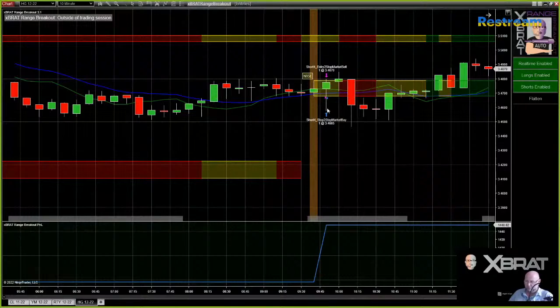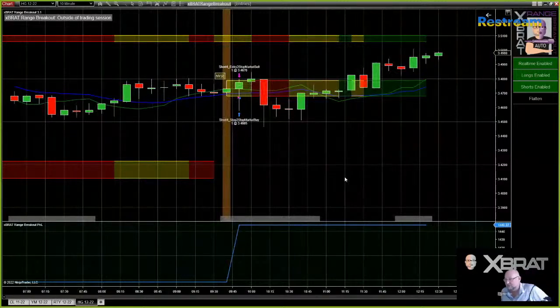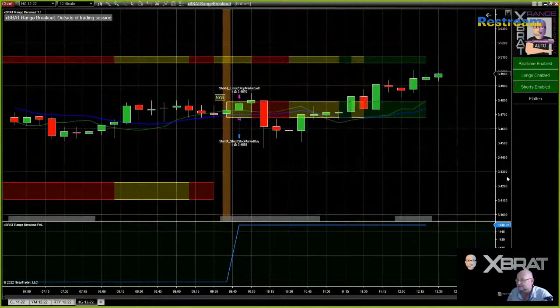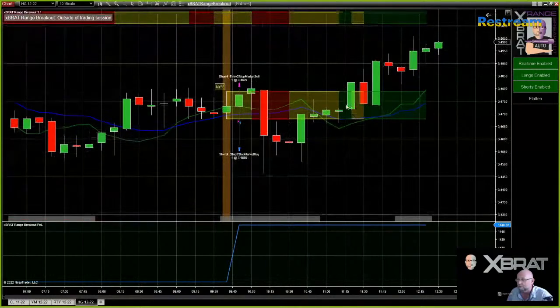It goes through the number of ticks it's optimized for to make it risk free, comes back up, takes it out risk free, and then it goes sideways. So in theory there'll be no more trades for today. There could have been a continuation trade between this point and this point if we had got a decent close when it was green.